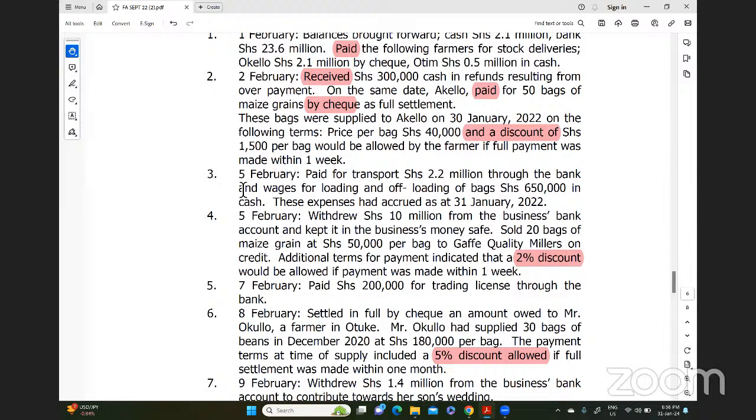We are paying now, right? So we are paying for transport and then wages.